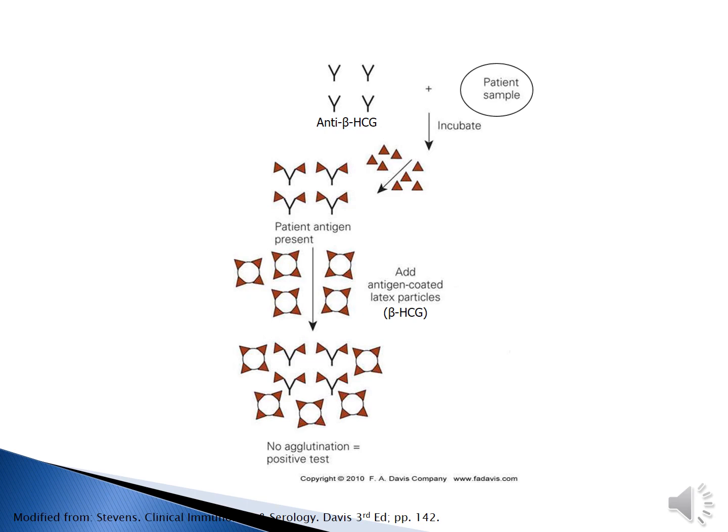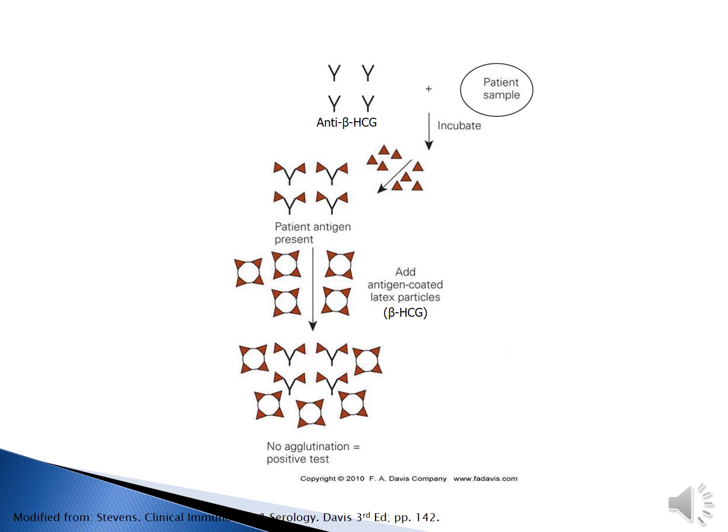So we have our anti-beta-HCG antibodies, then we'll add our patient serum. In this case, we do have antigen, or beta-HCG. So we will incubate those two together. The anti-beta-HCG will bind to the beta-HCG antigens.